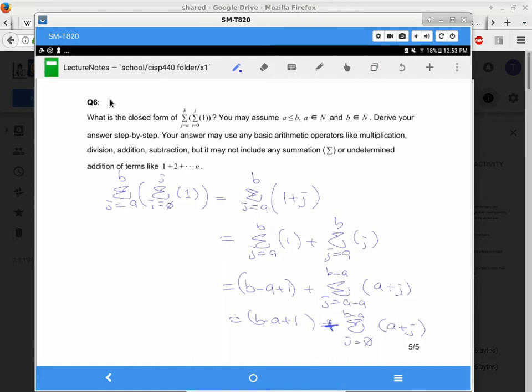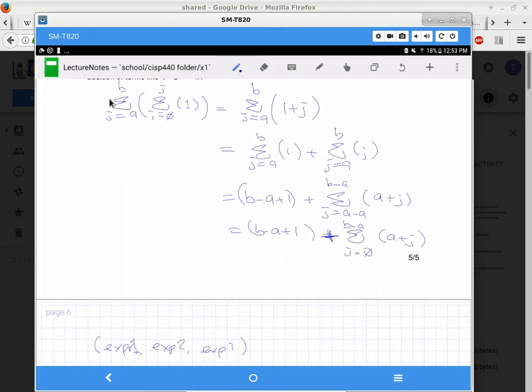Is that the closed form? I ran out of space, so let me see if I can continue to work on this. Yeah, I have a little bit more space. I can probably do it here. So the final answer is b minus a plus 1, just this part here, plus a times b minus a plus 1, which is by separating the a in the sigma into its own term, and then plus b minus a times b minus a plus 1, the whole thing divided by 2.